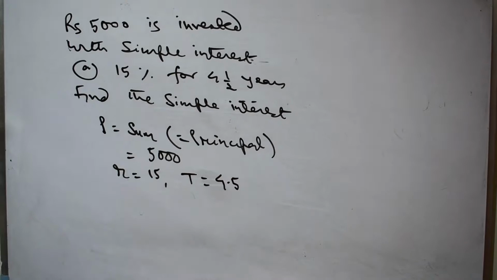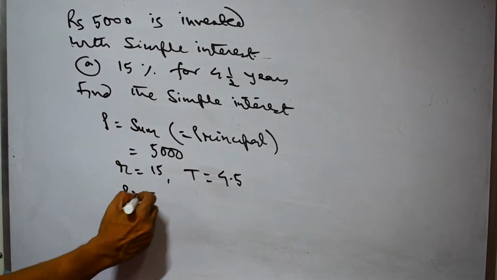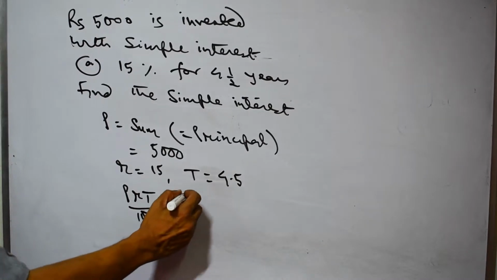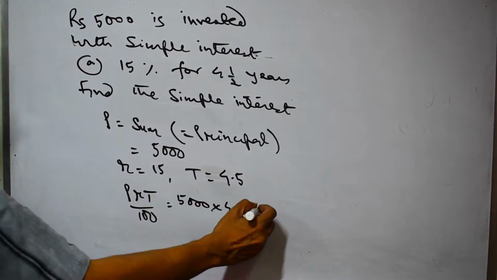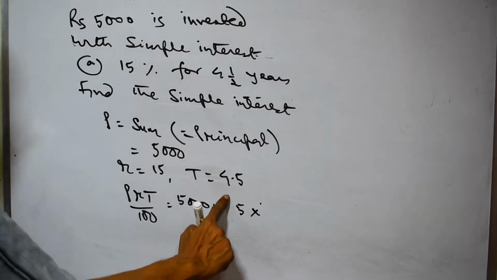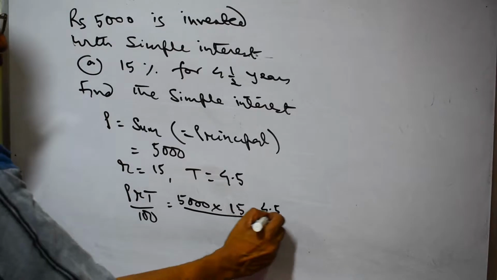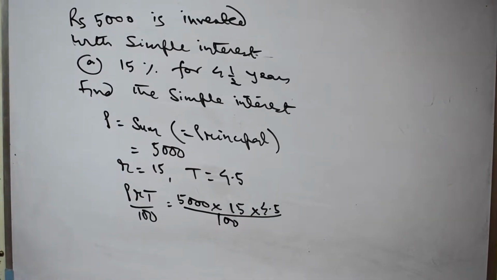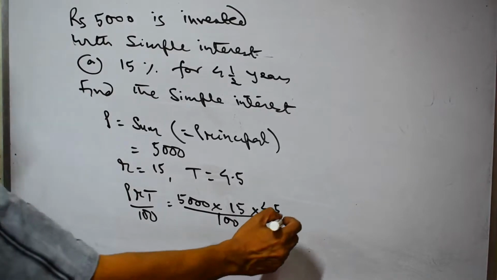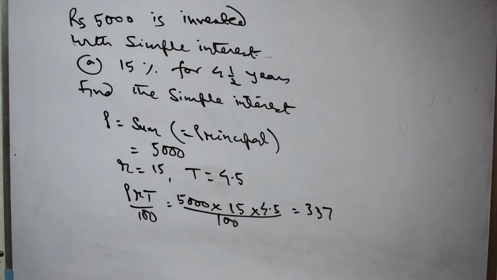So the answer will be PRT by 100, that is 5,000 into 15 into 4.5 by 100. Ultimately we will get the answer to be 3376.